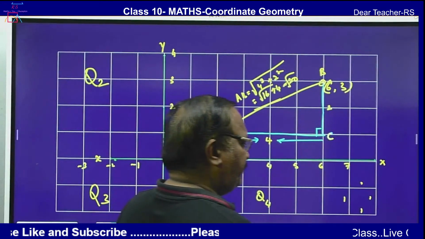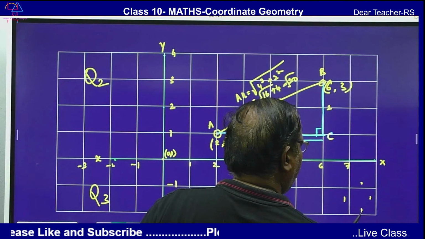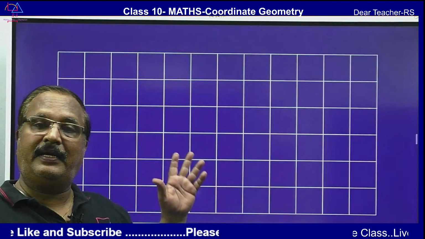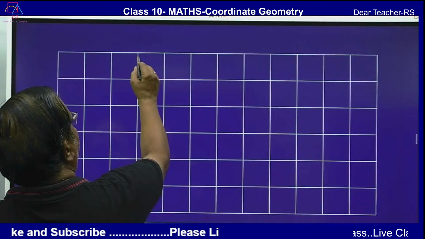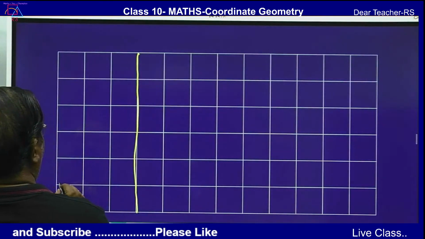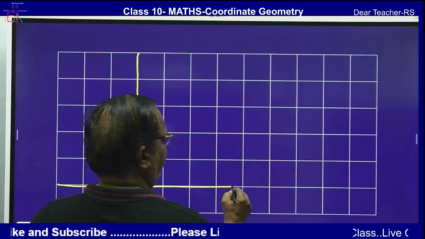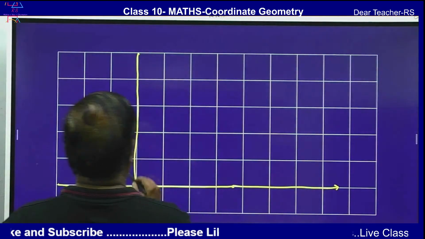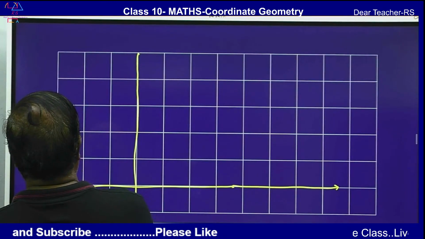Then how are you going to find it in general? Let us find a formula for distance. For that we need to draw the y-axis and the x-axis. I am drawing just like that, and this is the x-axis.